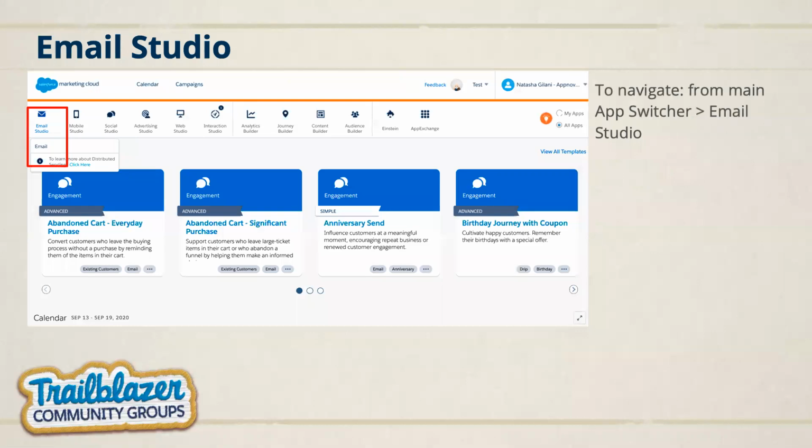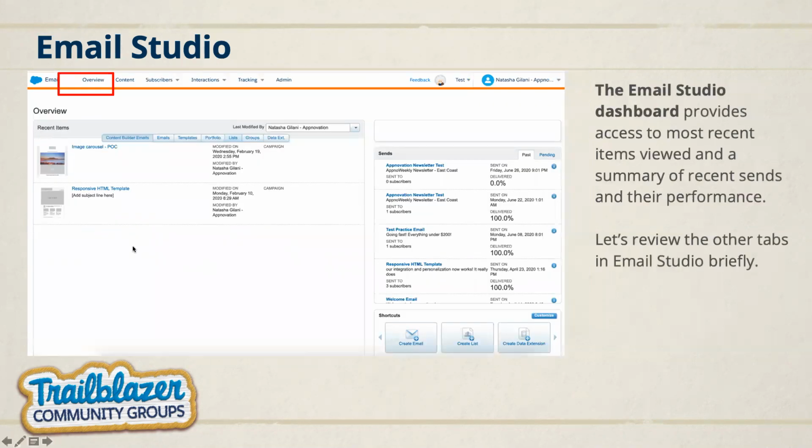And to get to Email Studio, it's the leftmost icon here, or this left app. You would click on it, and then your context changes. And now we're within the Email Studio application, and the first screen is the Overview tab, where on the left is all the recent activity that your account has done, like last modified by Natasha Kalani, because I'm logged in as myself in this screenshot.